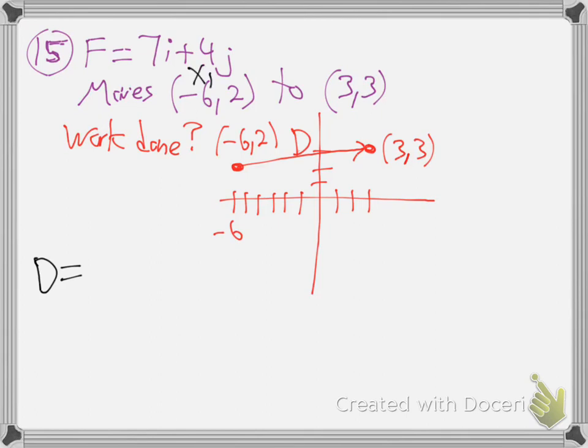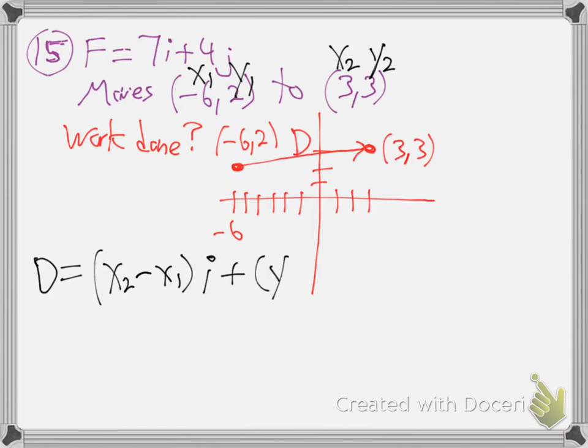How about I call this x1, y1, x2, y2? Do you see what it's going to be? x2 minus x1 I plus y2 minus y1 j. You know what I mean? Because really the vector has a certain amount of sideways, that's the I, and a certain amount of up, that's the j.